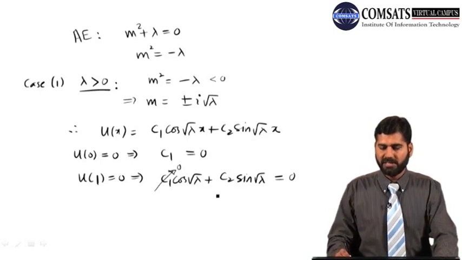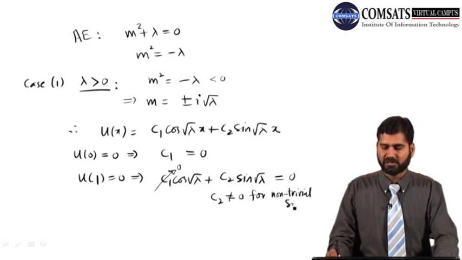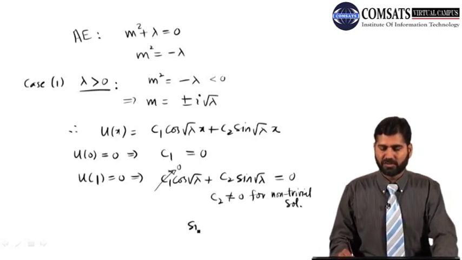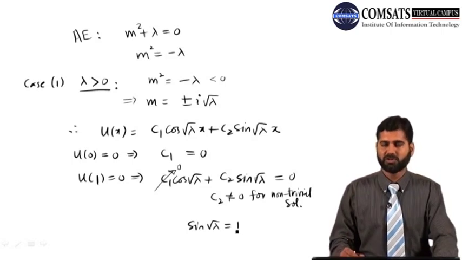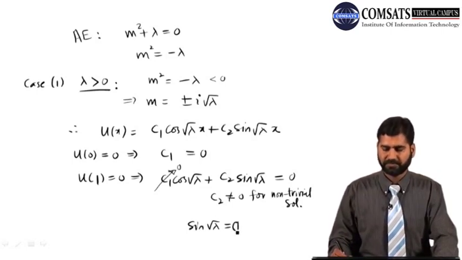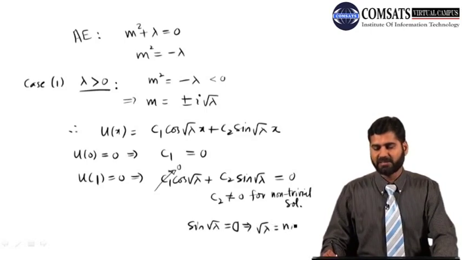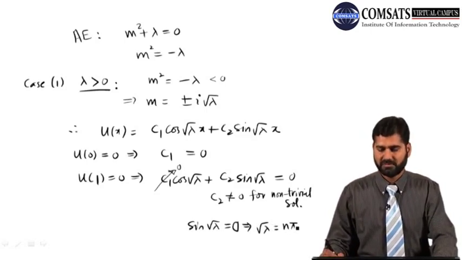So from here c2 is not equal to 0 for a non-trivial solution. We are looking for non-trivial solutions, not the trivial one. So for a non-trivial solution, c2 has to be non-zero. So from here, sine square root of lambda should be equal to 0. And this implies square root of lambda is equal to n pi, since sine n pi is equal to 0.